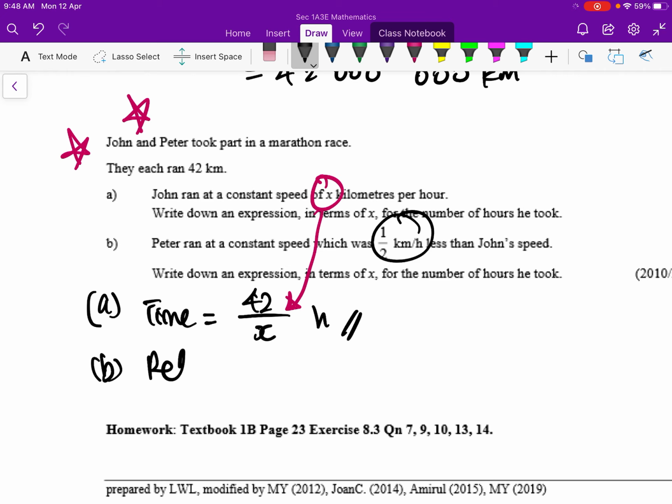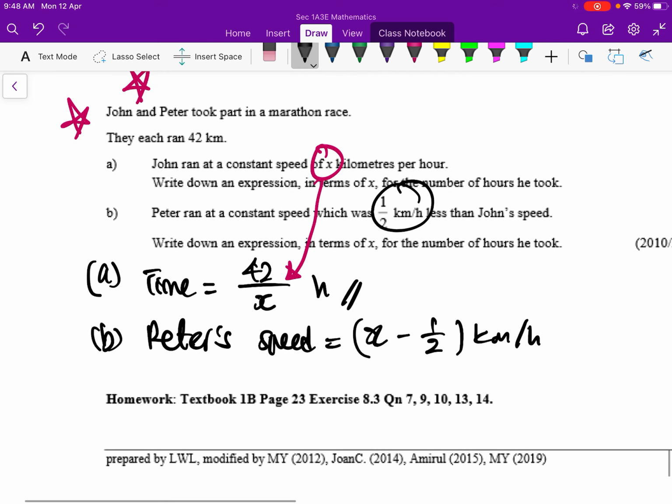So Peter's speed is x minus half. So write down an expression in terms of x for the time that he took. So time is the same distance, 42, divided by x minus half. And this will be in hours again.